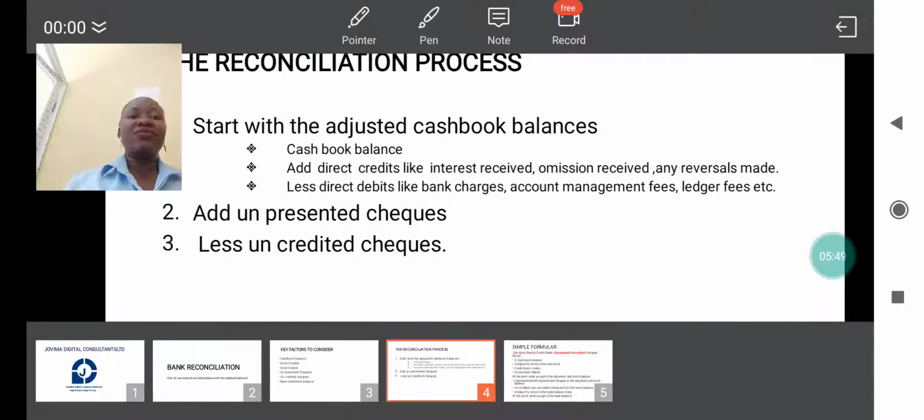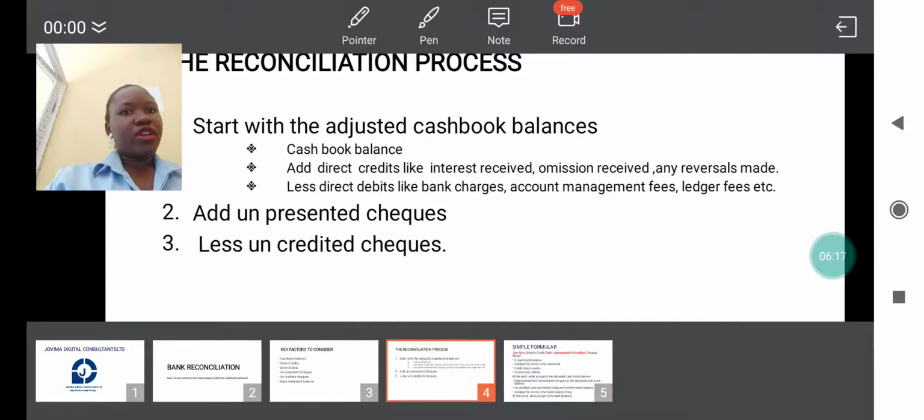It implies the person has paid and the bank has received, and I'm not yet notified. It means my cash book will be less by a certain figure. Therefore, we also come and remove this one. At the end of that day, what we shall have will be matching the bank balances we have.